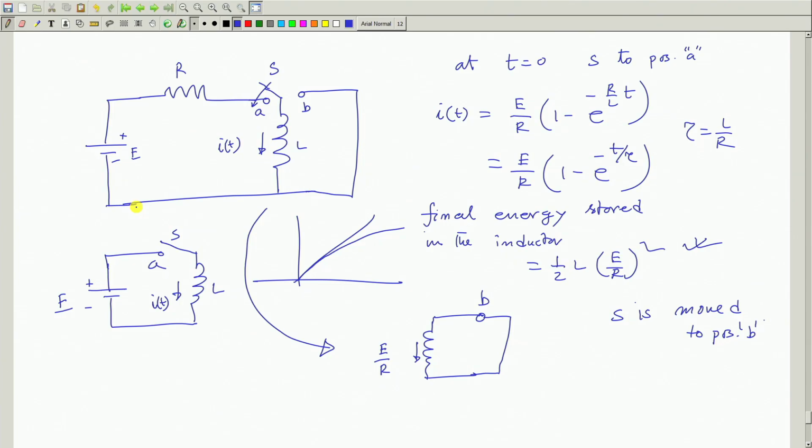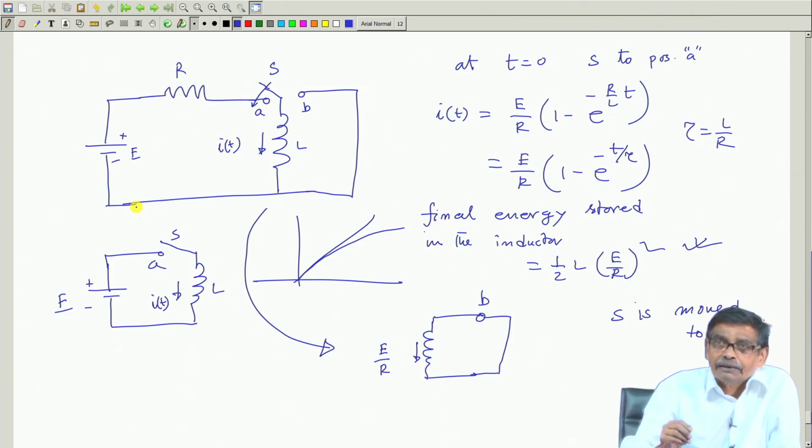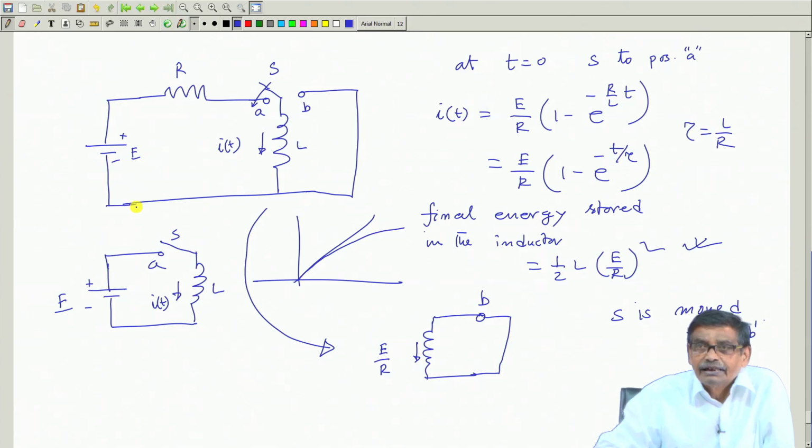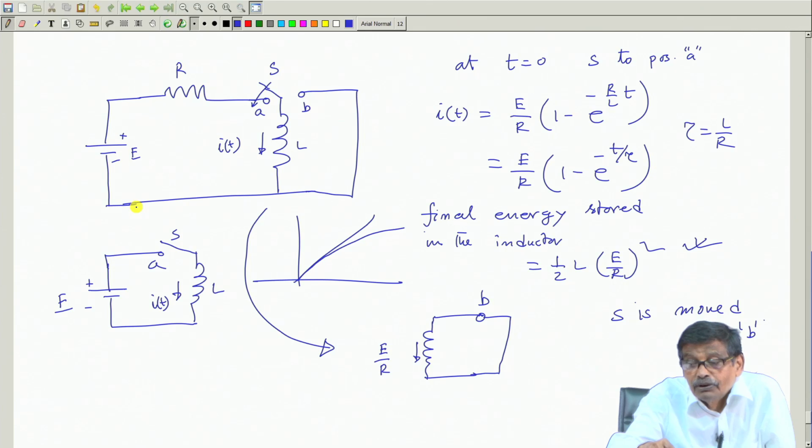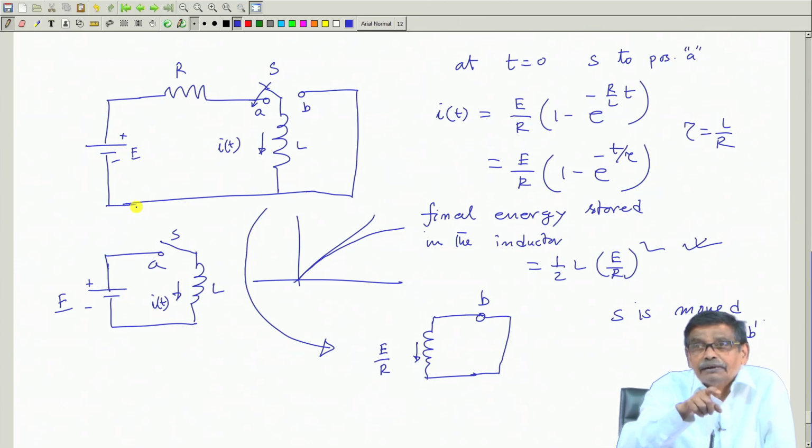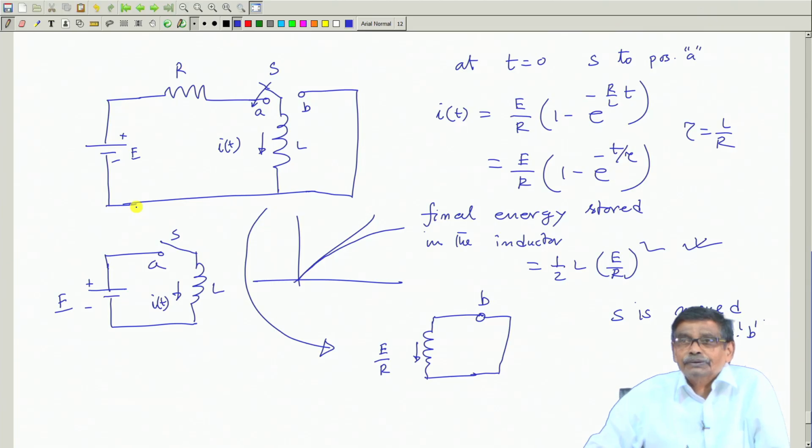Then at whatever time you do that, current through the inductor is continuous, immediately after that the current has to be E by R. Not only that, then the applied voltage is 0 and that current has to remain constant at the E by R level.